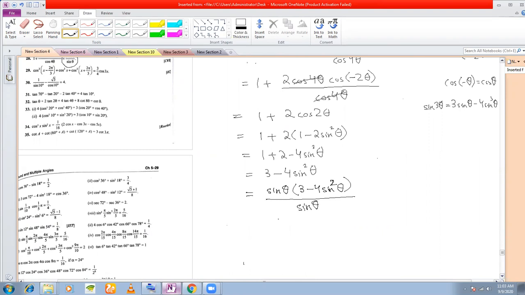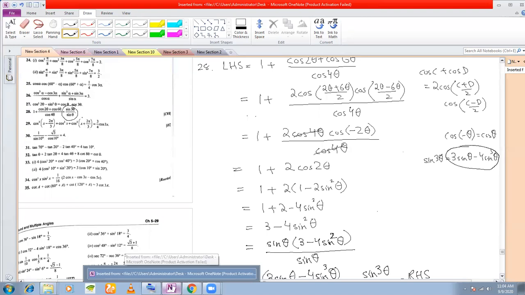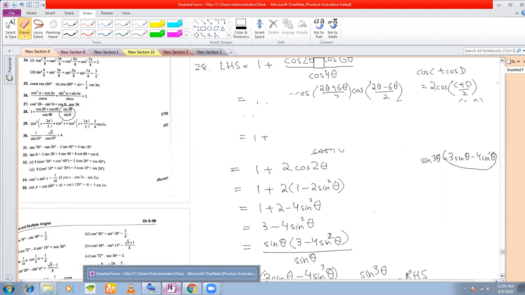So this becomes 3 sine theta minus 4 sine cube theta divided by sine theta. Now what is this? This part, 3 sine theta minus 4 sine cube theta, is sin 3 theta, divided by sine theta, which is equal to your right hand side. Okay, this is what you had to prove. Fine. Now let us do 29.